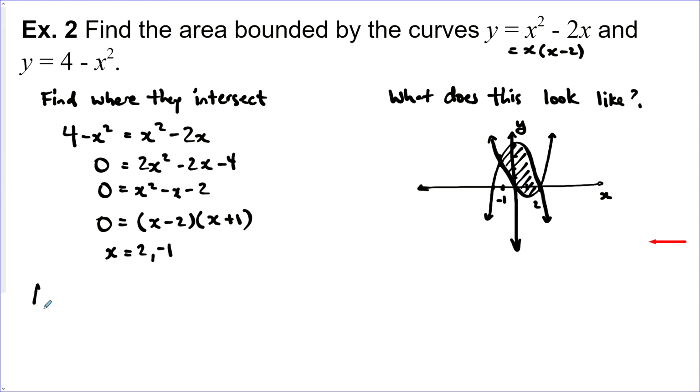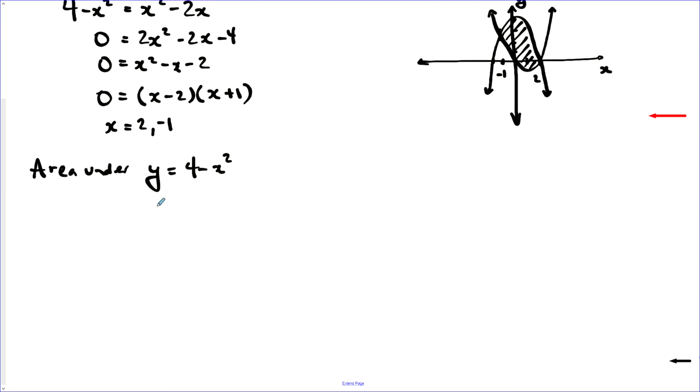So let's find area under y equals 4 minus x squared. So I'll call this one f of x, and its antiderivative here will be capital F of x then, 4x minus x cubed over 3.